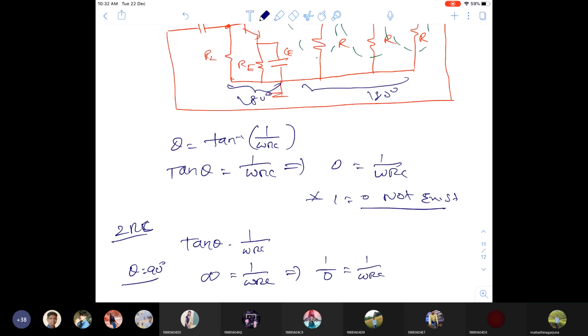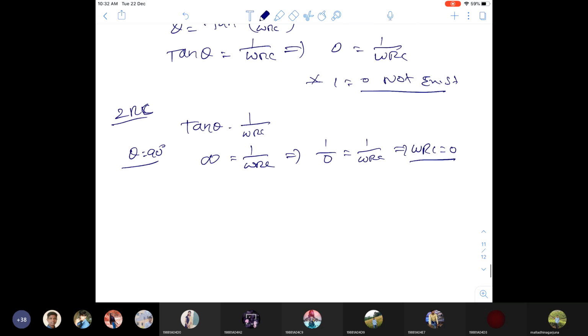From this you can write omega RC equal to 0.